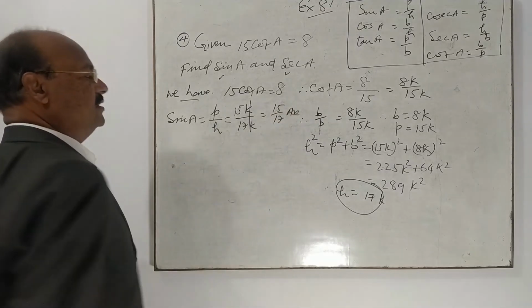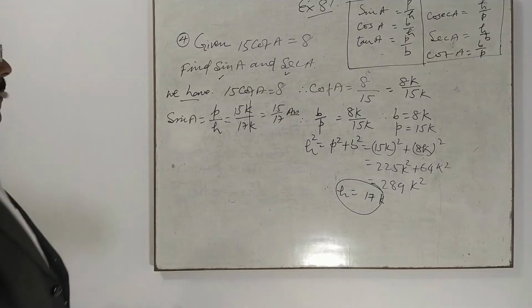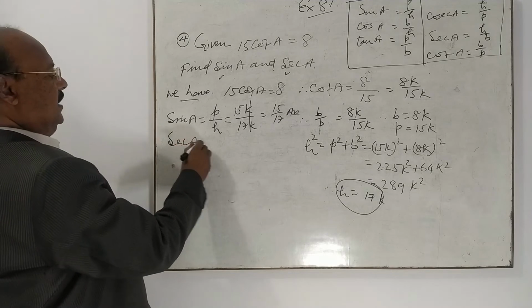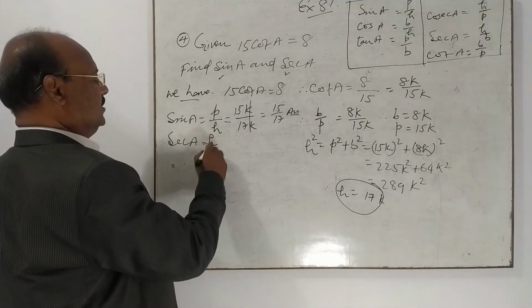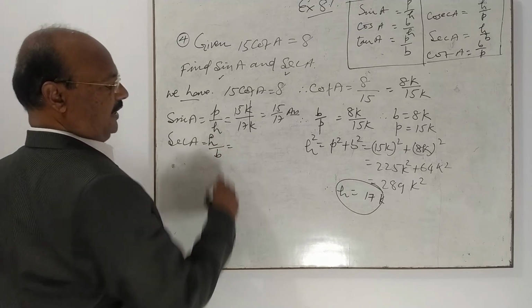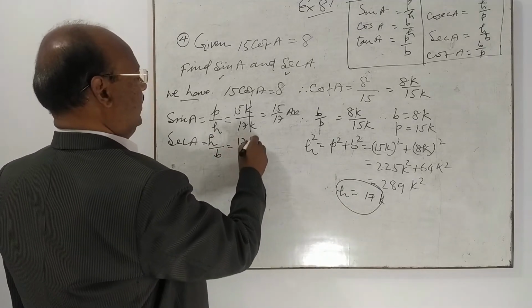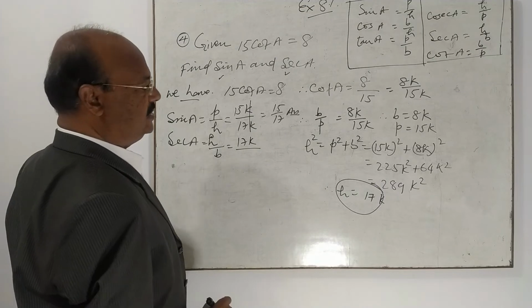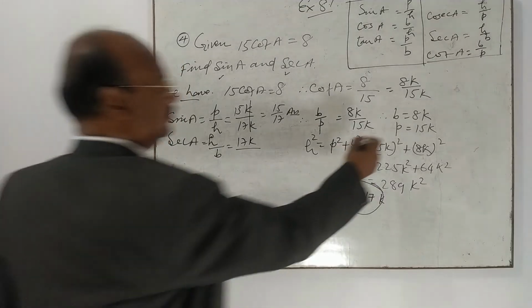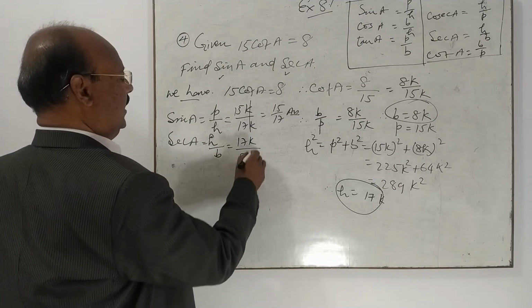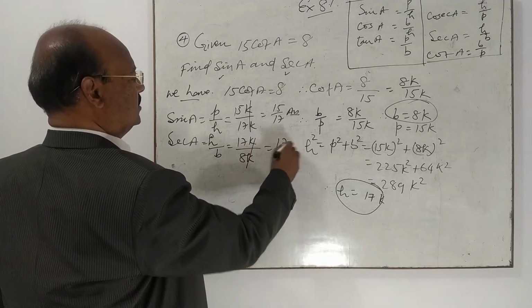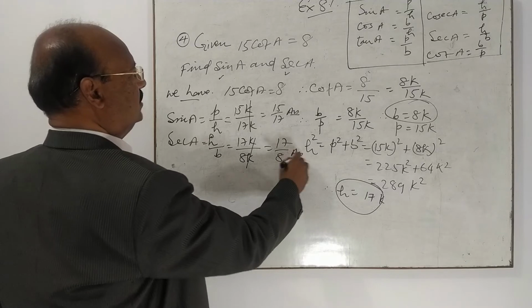This is the value of sin A. And sec A we have to find out. You know, sec A is H by B. H is how much? 17k and B is 8k. k will be cancelled out. 17 by 8. This is the answer.